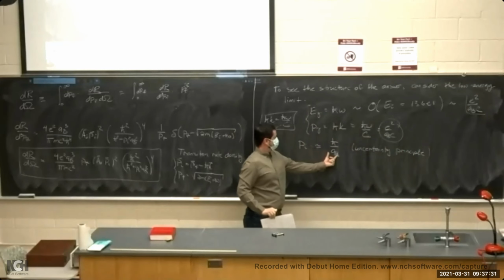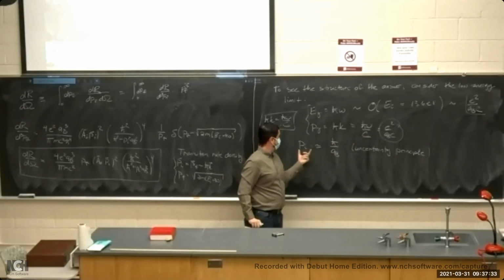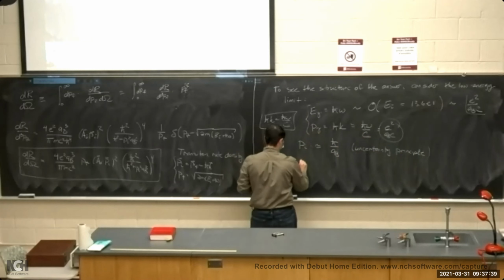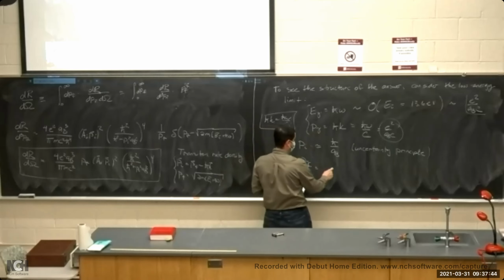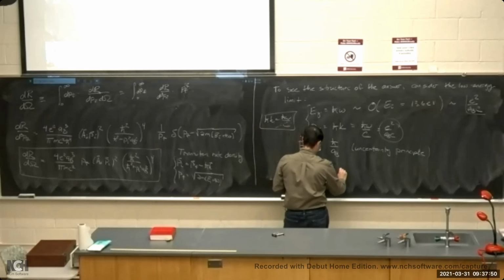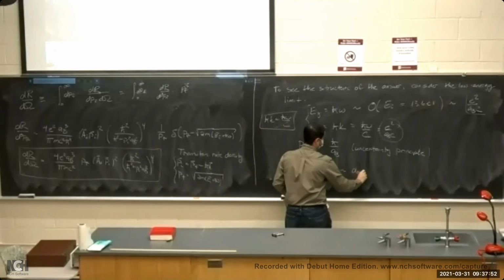So initially, the electron is confined at a very short distance, so it has a very large momentum, much larger than the amount of momentum the photon is giving. If I compare that ratio, momentum of the photon divided by momentum of the electron originally, what I end up with is e² over ħc, and this is of order alpha.